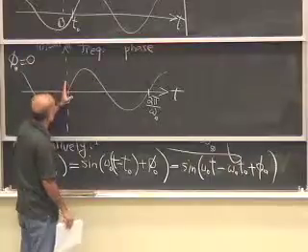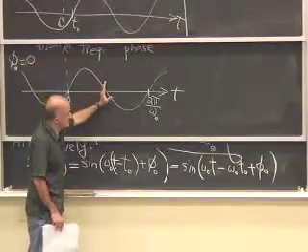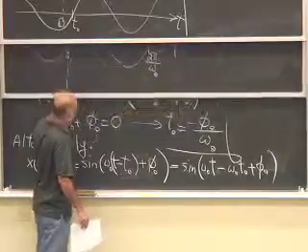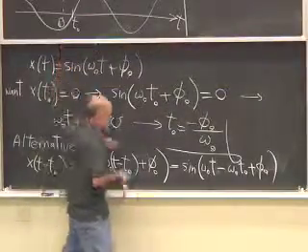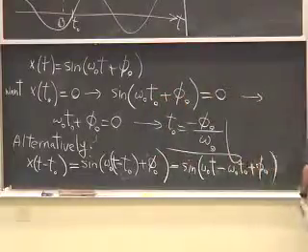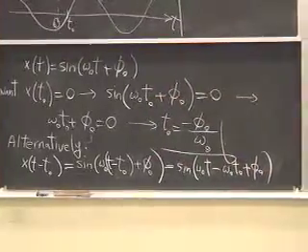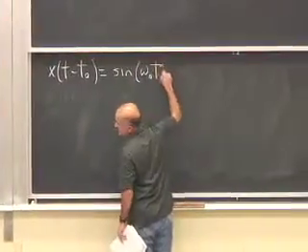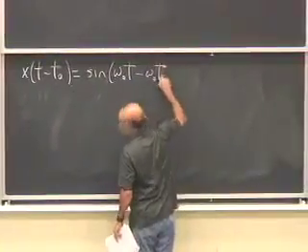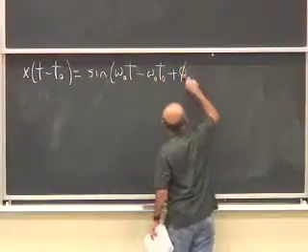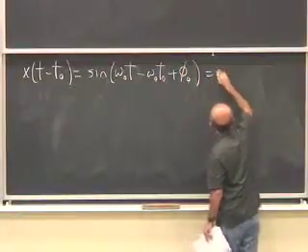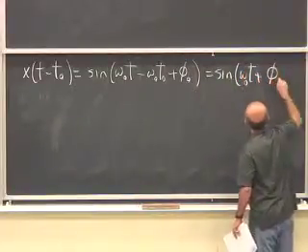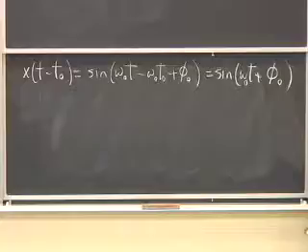By how much do I shift to get... I want x of t minus t naught, which is sine of omega naught t minus omega naught t naught plus phi naught, to be equal to the sine of omega naught t plus phi naught.